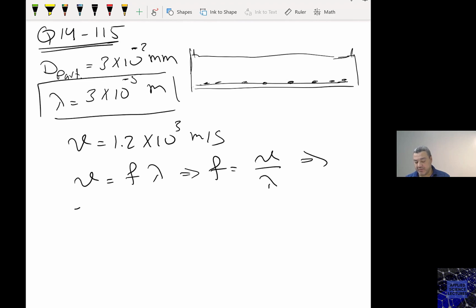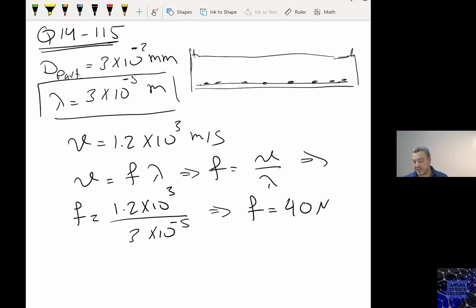Then the frequency F is 1.2 times 10 to the power 3 divided by lambda, which is 3 times 10 to the power minus 5. And the answer to this is F equals 40 megahertz.